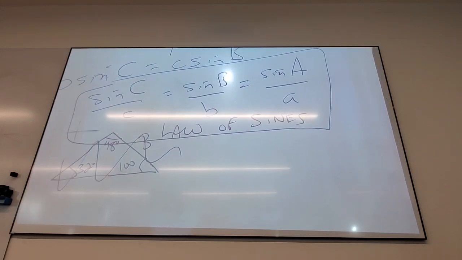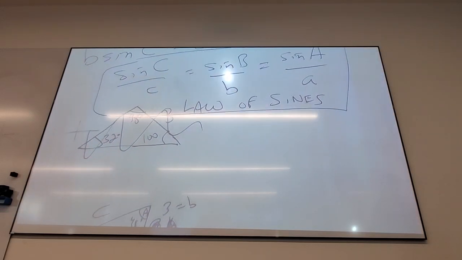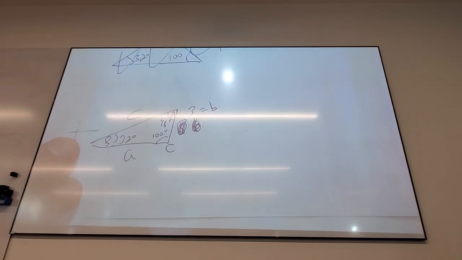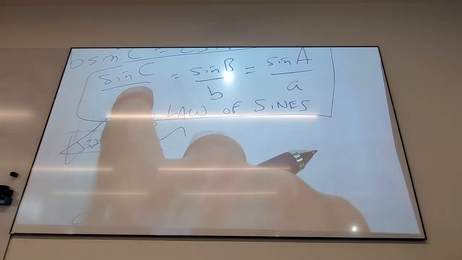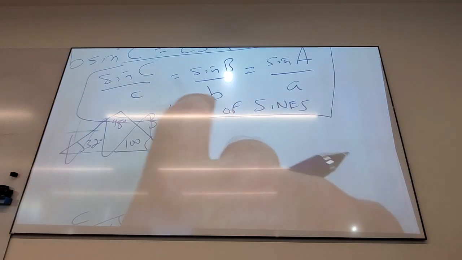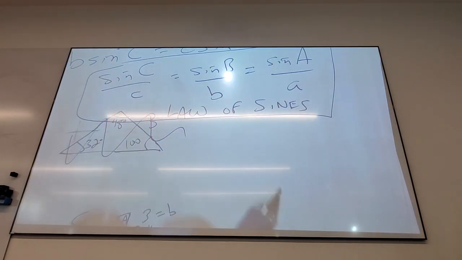Shocker. I know. We're really good at naming things. The law of sines will work if I can make a complete ratio. If I cannot make a complete ratio, I'm going to have too many unknowns. Let me say this again. When can I use law of sines? When I'm given a triangle with enough information that I can make a complete ratio.